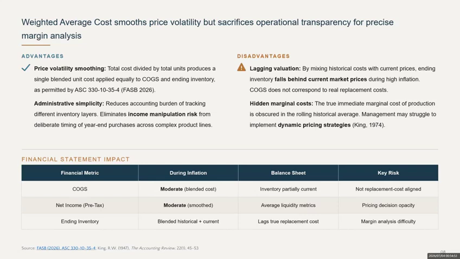This approach mitigates profit fluctuations caused by raw material price volatility and fully complies with current U.S. accounting standards.